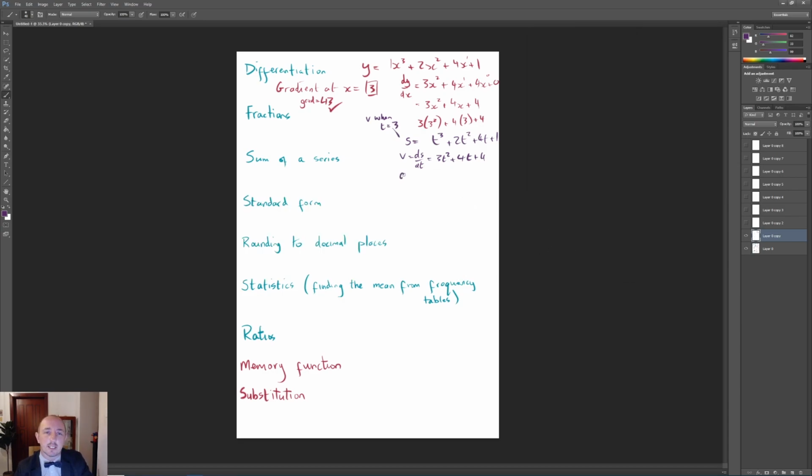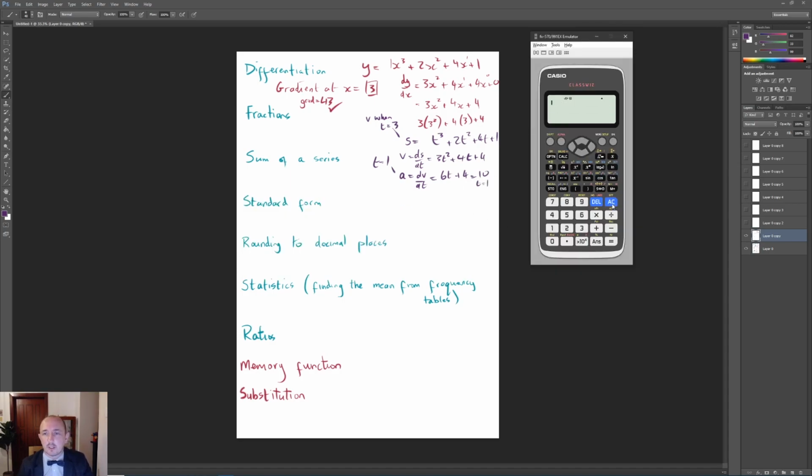And if we wanted the acceleration, which is the differential of the velocity, let's say what's the acceleration when t equals 1? We would differentiate this to get 6t plus 4, and then substitute for t, and we get 6 lots of 1 plus 4, which is 10 when t equals 1. So let's go through this process so I can show you.